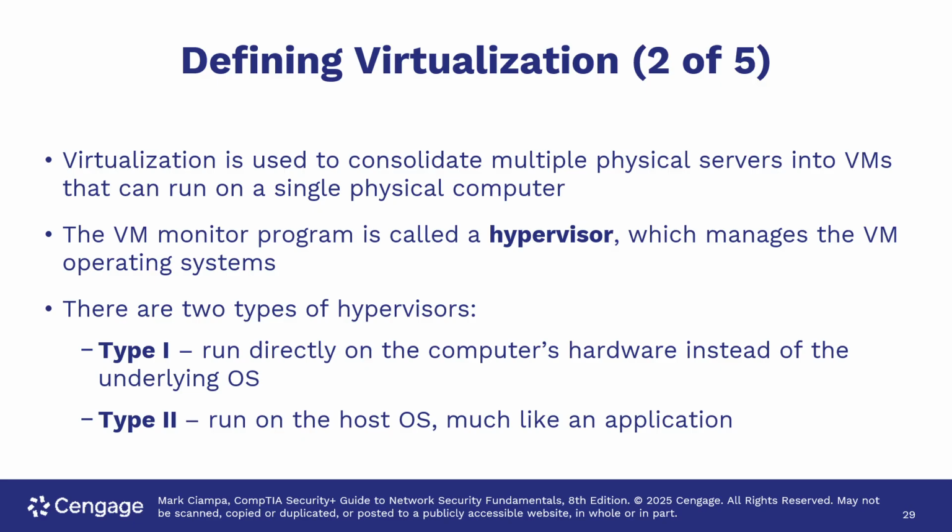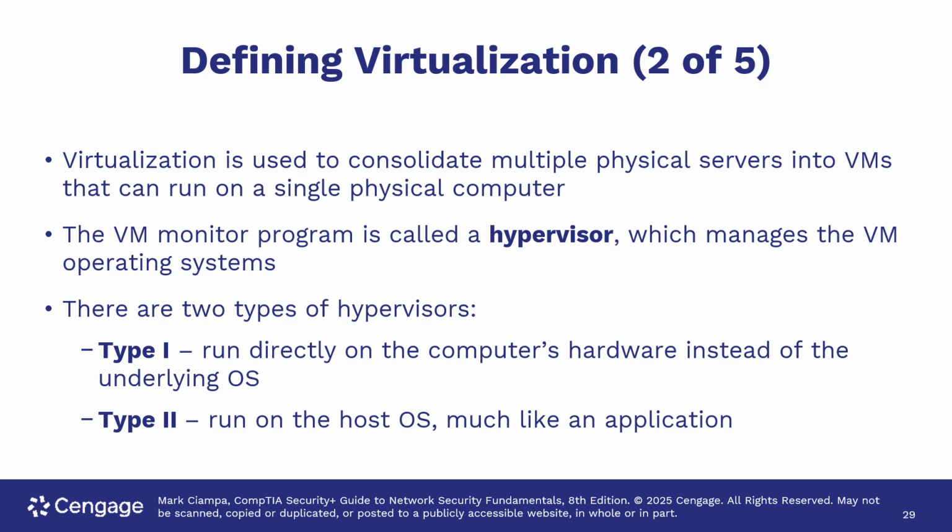So virtualization is used to consolidate multiple physical servers into VMs that can run on a single physical computer. The virtual machine monitor program is called a hypervisor, which manages the virtual machine operating systems. Now, this is an important point.